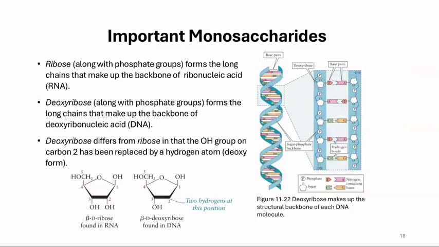Continuing with the topic of important monosaccharides, now I'm going to introduce to you a specific monosaccharide that is found in another biomolecule. This monosaccharide is called ribose. Ribose specifically is a pentose sugar, meaning that it has 5 carbons in length.